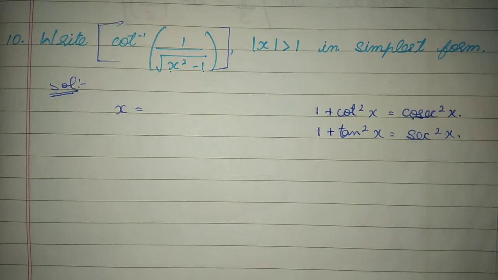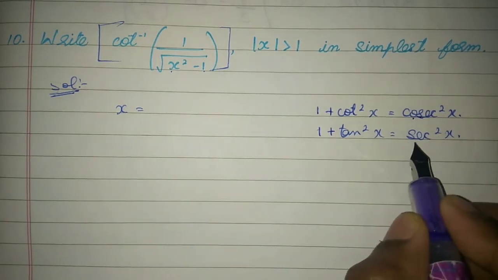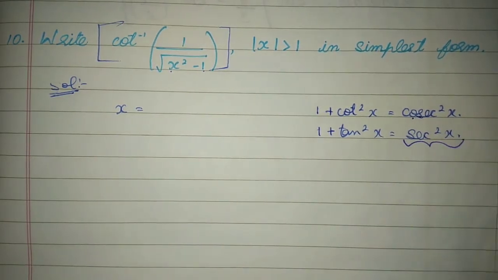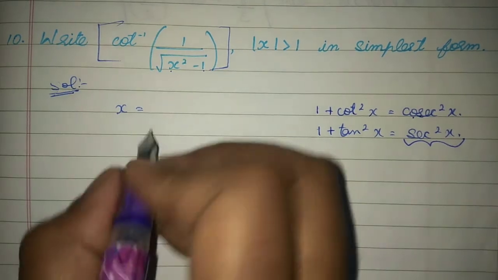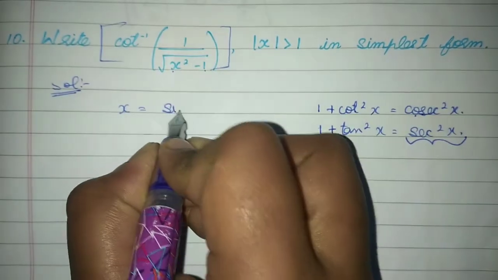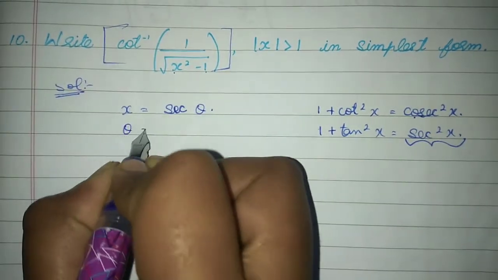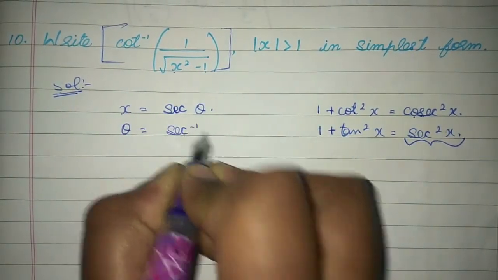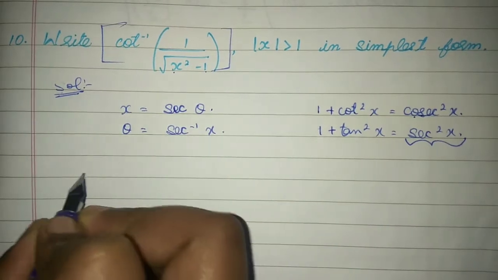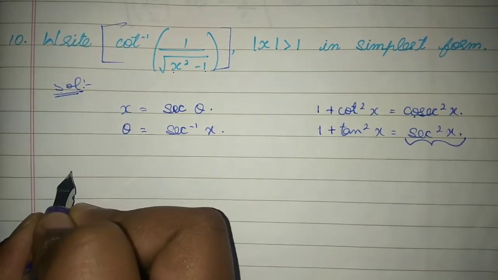So what we will be doing is that we will be taking the value of x as secant. Let me take my x as secant theta. So my theta is equal to secant inverse x. Now let me substitute in the function.